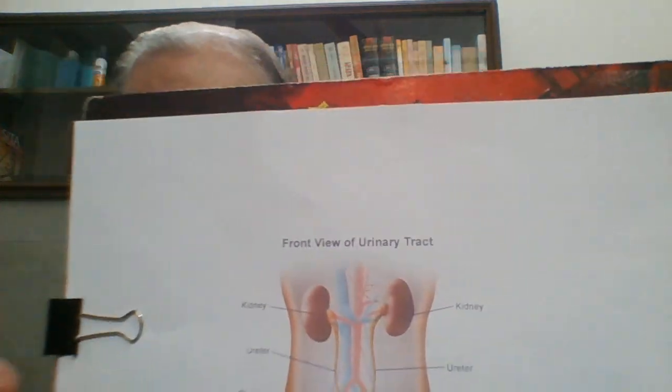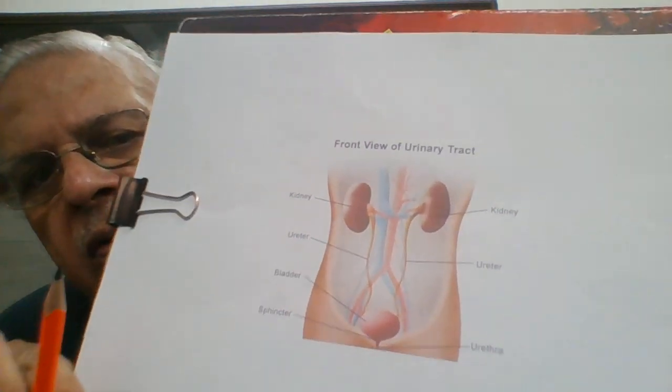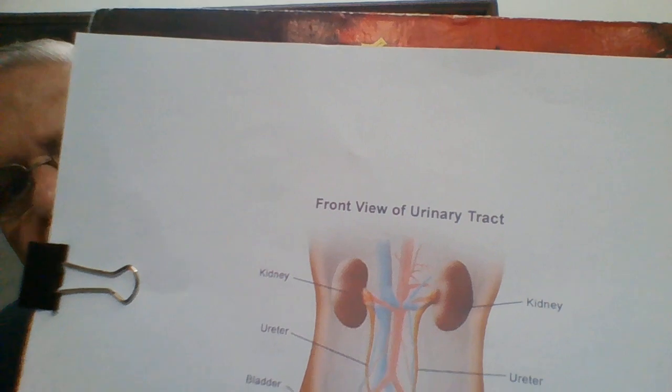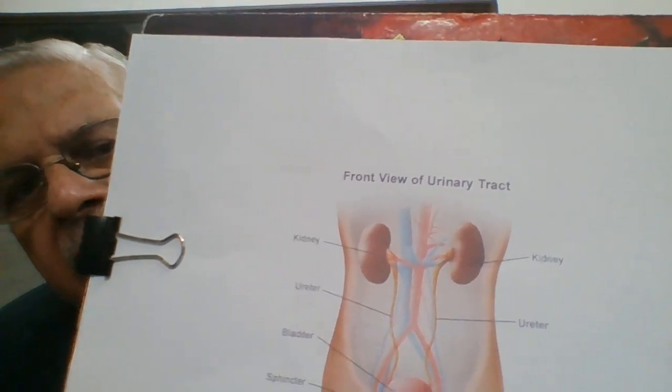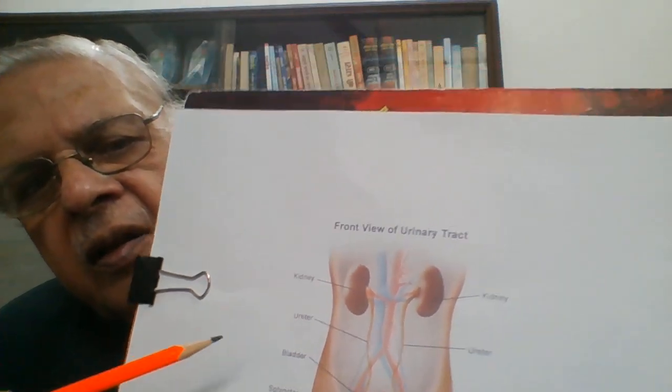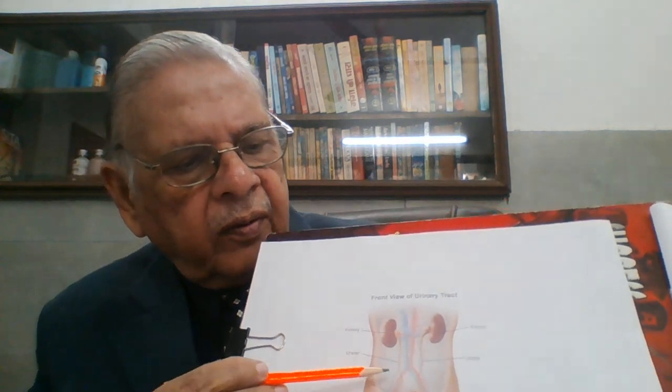But before I go to other things, I want to tell you about chronic pyelonephritis and the kidneys. This is a diagram to show you the kidney. See, it is quite close. It is the excretory system. You see, these are the bean-shaped organs.